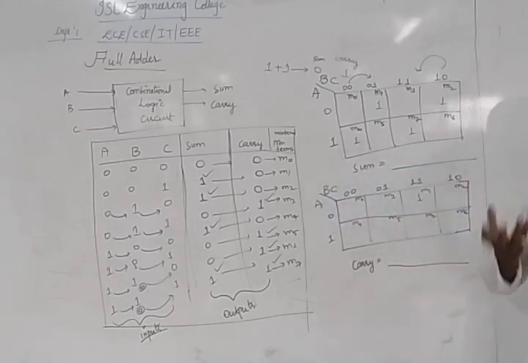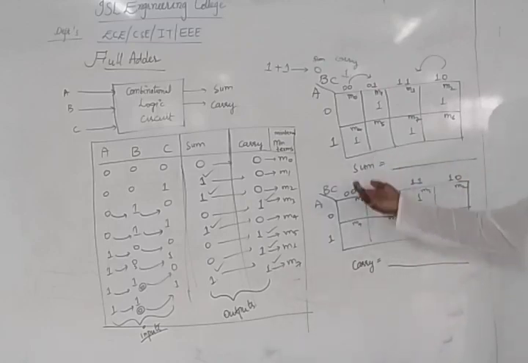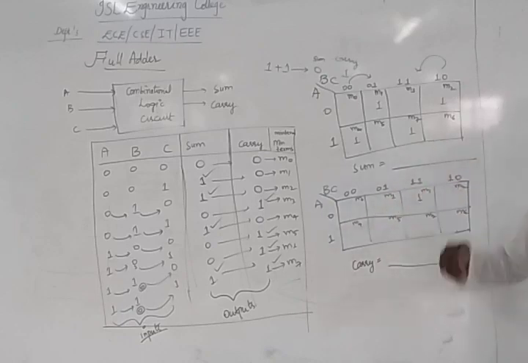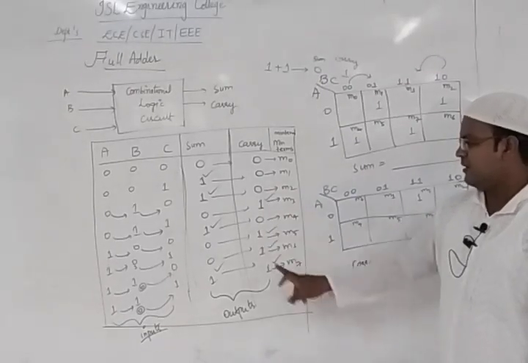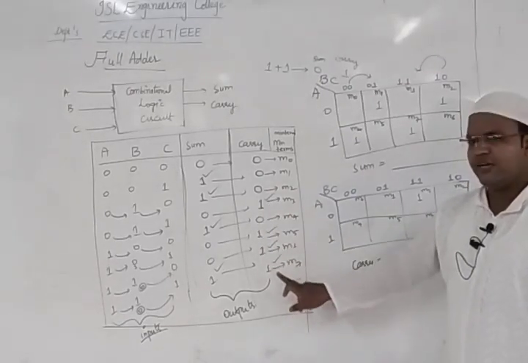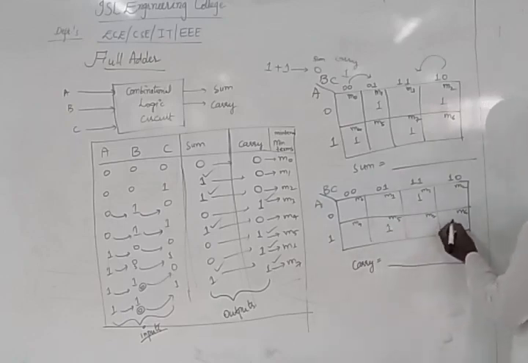Otherwise it will be quite confusing. Without mentioning the min terms, you will get confused writing the output. So it is better to write down the values of the min terms, then write the output. So we just had M3, that is 1, M5 is 1, M6 is 1 and M7. So M3, M5, M6 and M7. So we got it like this.